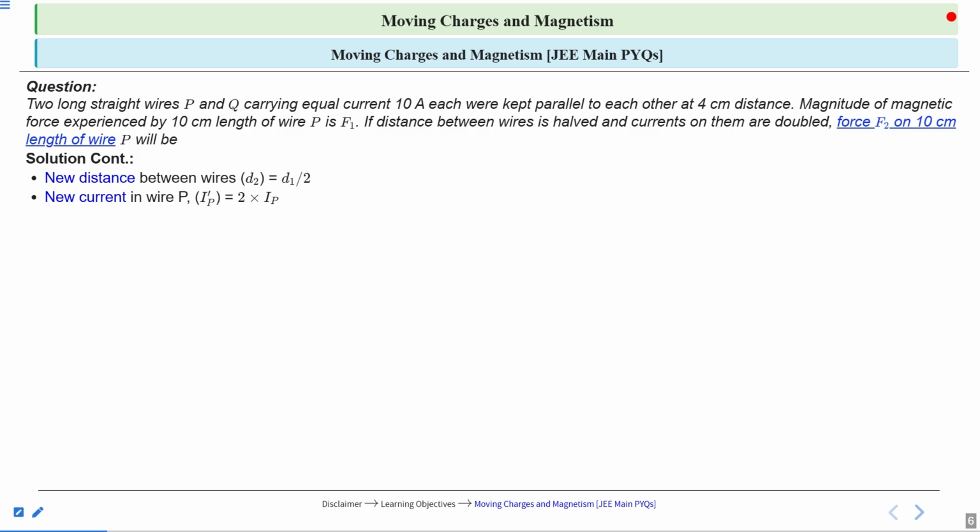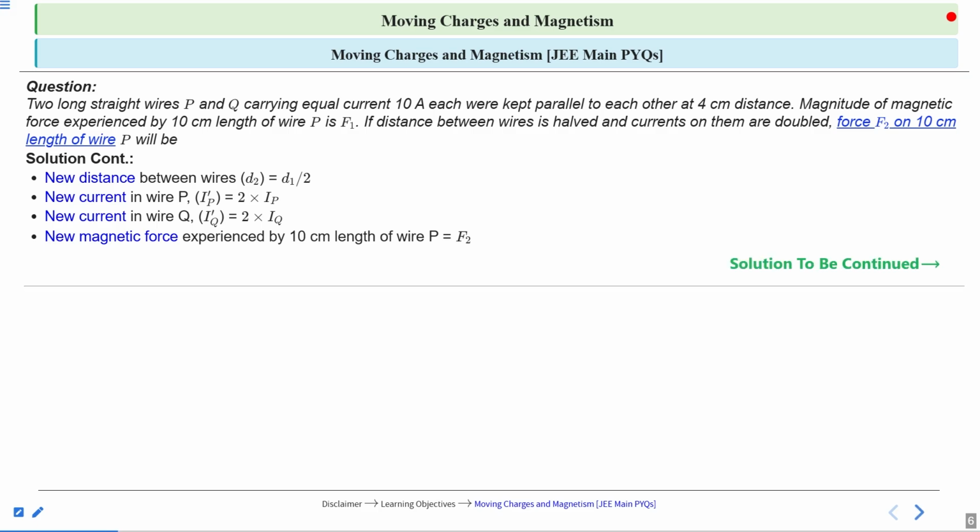The new current in wire Q is I dash Q, which is equal to 2 into IQ. And the new magnetic force experienced by 10 centimeter length of wire P is F2.